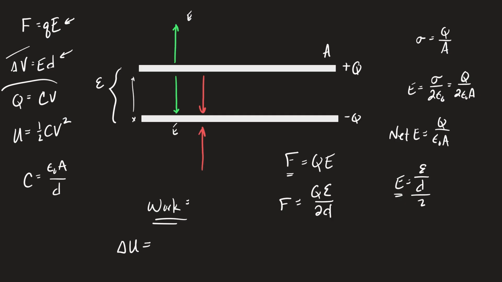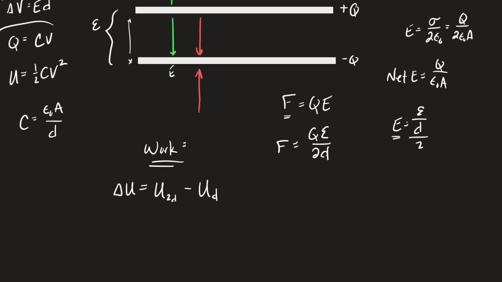So this was going to be U at 2D minus U at D, right? And that's what we did for one way to find the work. And the other way to find the work was to actually integrate F dot dx from D to 2D. This is what we were doing yesterday.